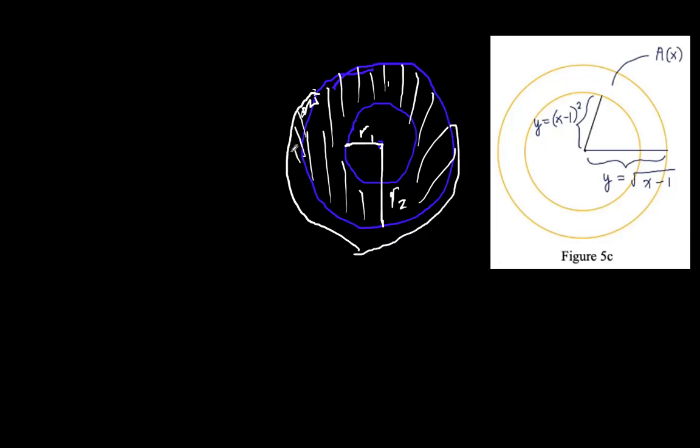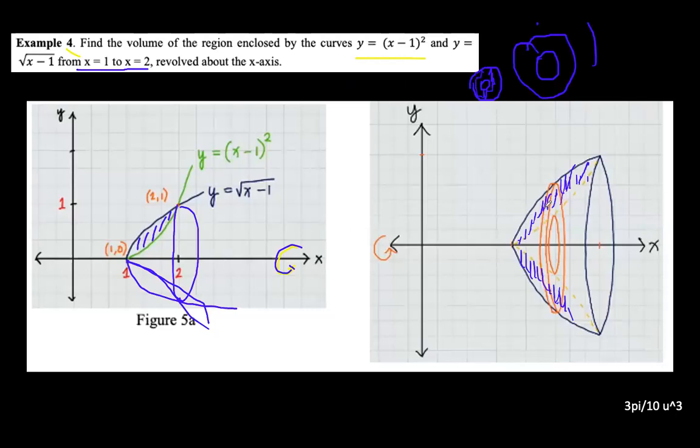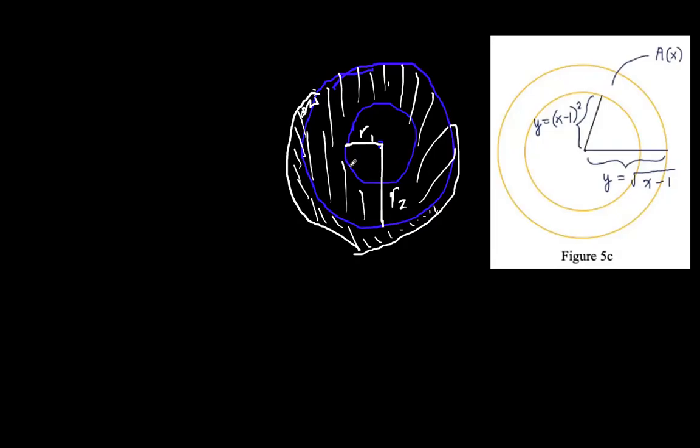Ayan, so, ito yung width, yung thickness. Ito, this is change of x, no? Delta x to eh. Delta x, kasi vertical to, perpendicular to the x-axis. So the width is delta x. Okay, so paano natin kukunin yung area nito? So to find the area of a circle is equal to pi r squared, diba?